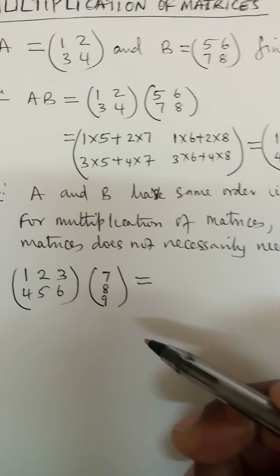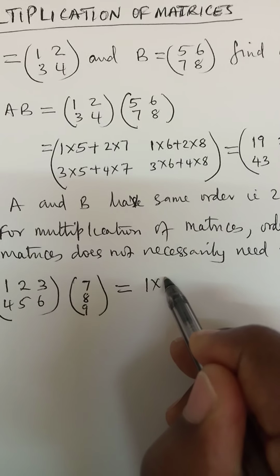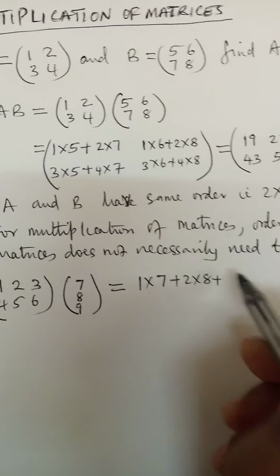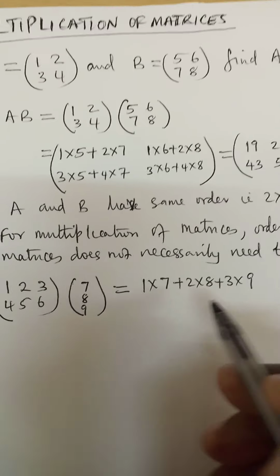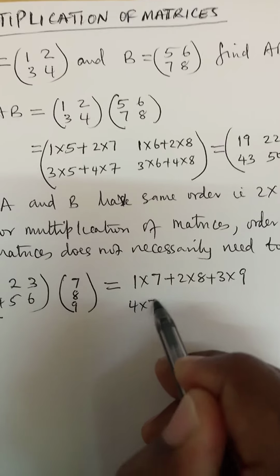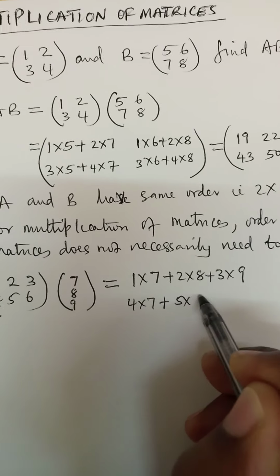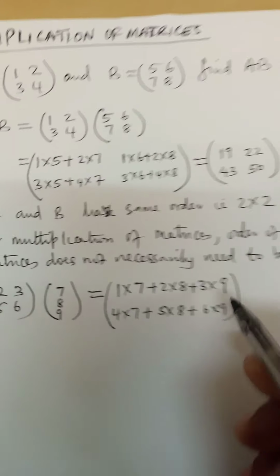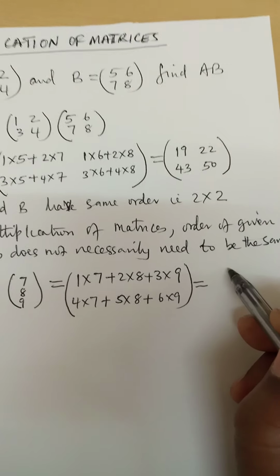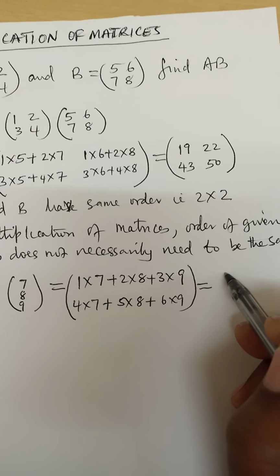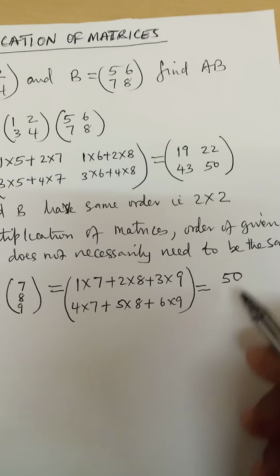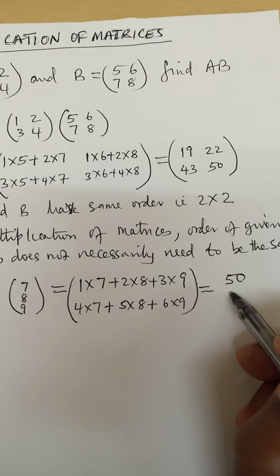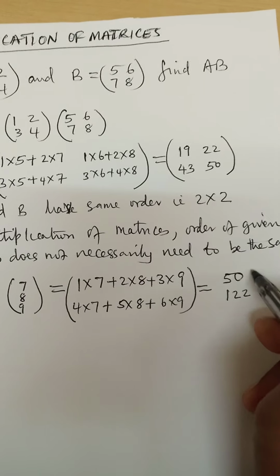And my answer would be 1 times 7 plus 2 times 8 plus 3 times 9, and 4 times 7 plus 5 times 8 plus 6 times 9. This will lead us to an answer of 7 plus 16 plus 27, which gives us 50, and 28 plus 40 plus 54, which gives us 122.